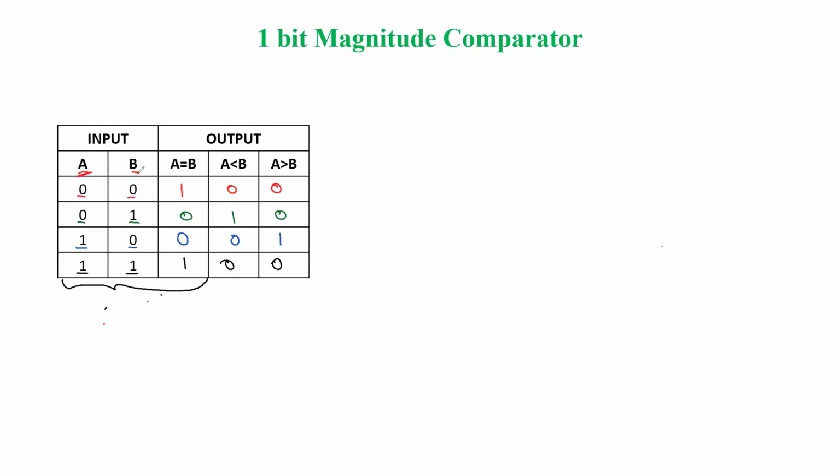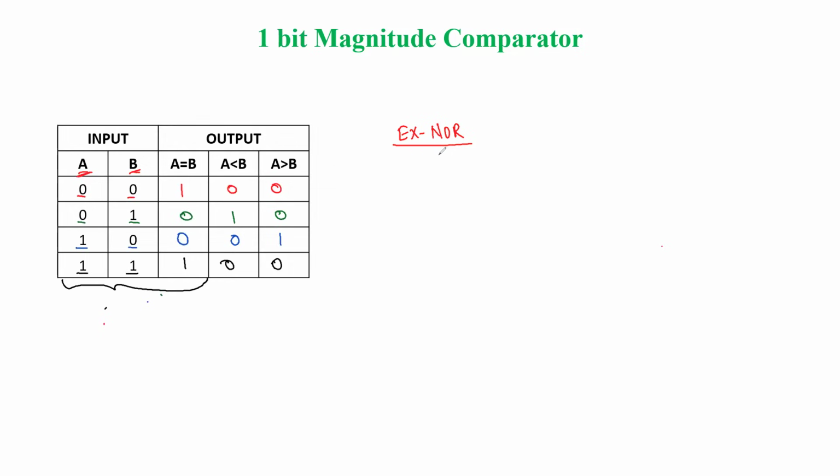If you take A and B as the input, this combination is the truth table of which logic gate? Here both inputs are the same, then the output is 1. Otherwise, the output is 0. So it satisfies the XNOR gate. This is the truth table of the XNOR logic gate.